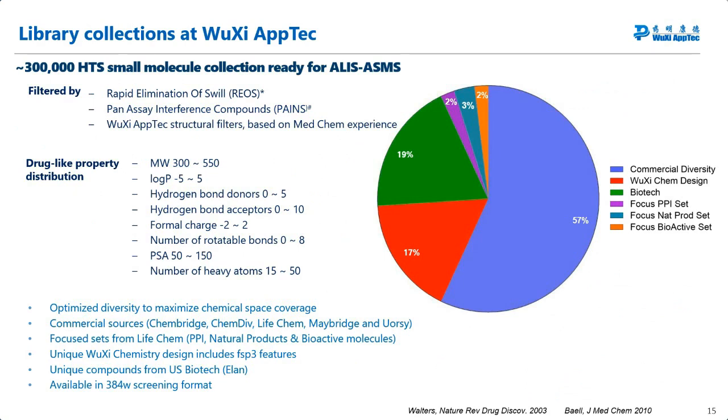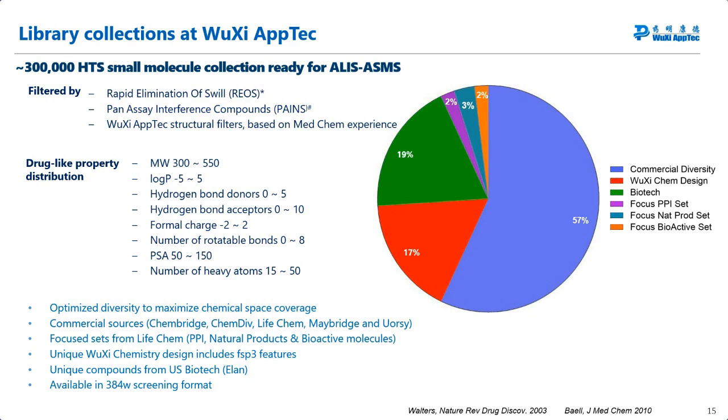I'm a DAL selection scientist. However, I must acknowledge that HTS screening is still a pivotal platform in early drug discovery. Our department has a 300,000 small molecule HTS library collection, either synthesized by WuXi or purchased from other vendors.